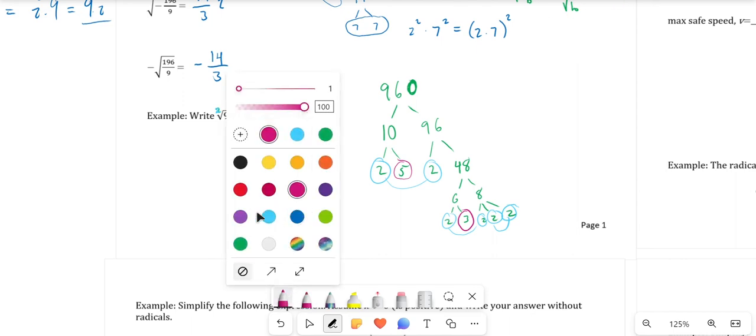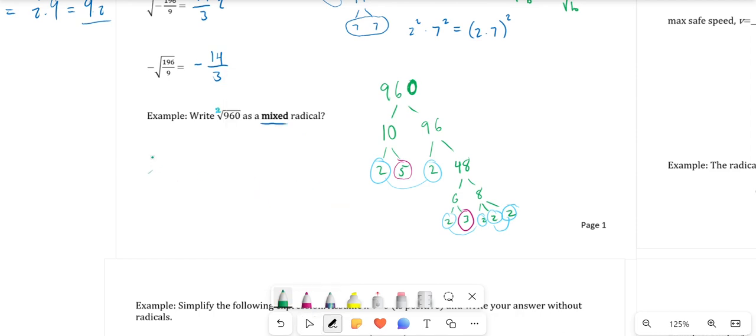So the idea is that our 960, if I took the square root of 960, that's the same thing as the square root of 2 to the 2, 2 to the 2, 2 to the 2, and 5 times 3. And what happens to each one of these 2's as I take a square root of that?